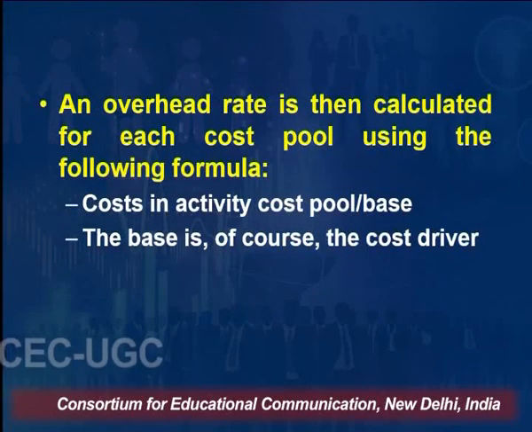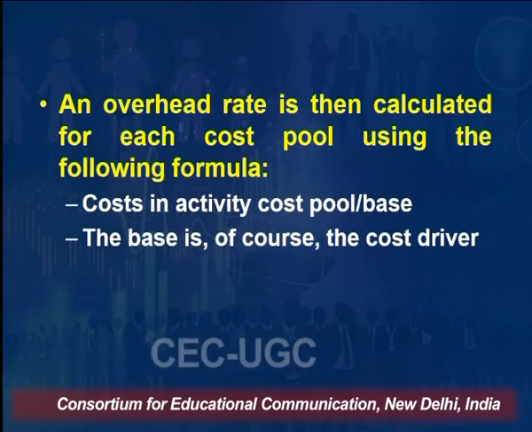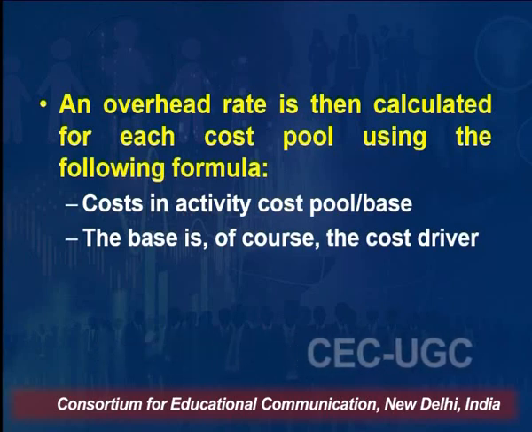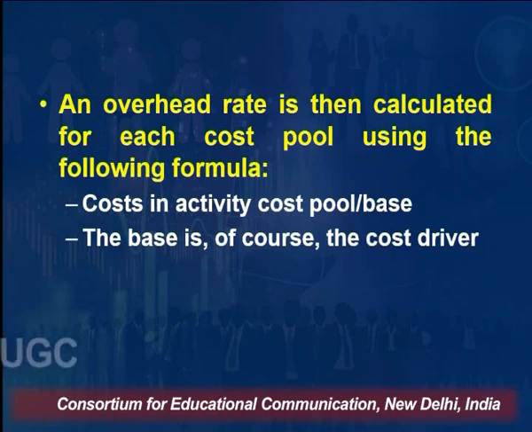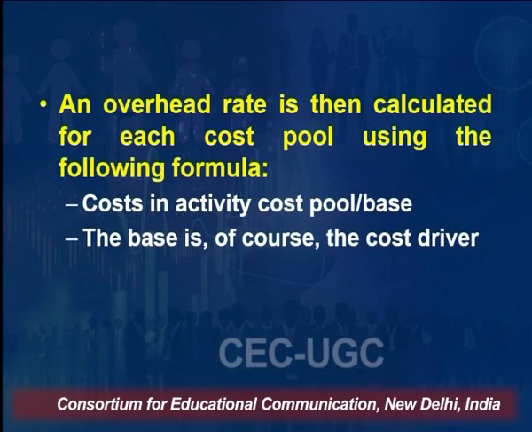We calculate that overhead rate for each cost pool using a very simple formula: cost in activity cost pool divided by base. Whatever base you are taking, suppose it is labor hour, you will divide it by labor hour. Suppose it is machine hour, you will divide it by machine hour, and the base is of course the cost driver. And the last step is that overhead costs are now allocated to each product according to how much of each base the product uses.